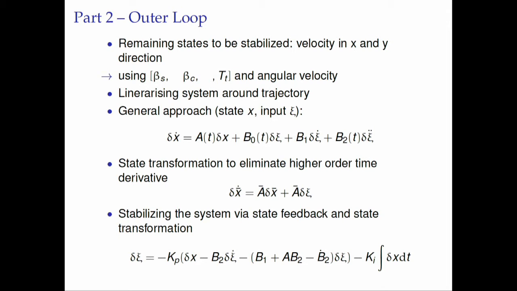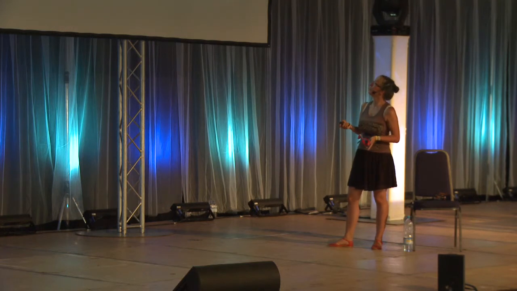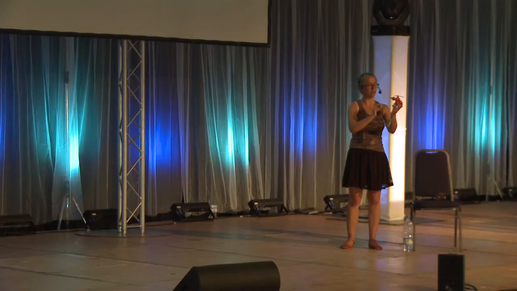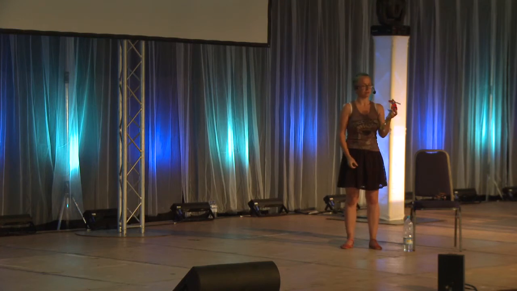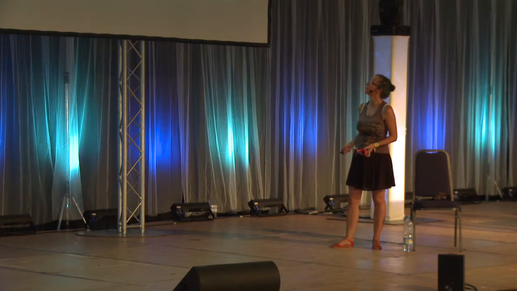So I have a state x, I have of course a delta of it because the helicopter is here, I want it to be here, so I just compute the difference, and then I'm feeding it back. And we're doing some state transformation because we have some higher order time derivatives in the end there of the input matrix. And, well, if you linearize your system about the point where you want to be, you get where you want to be because you eliminate differences.